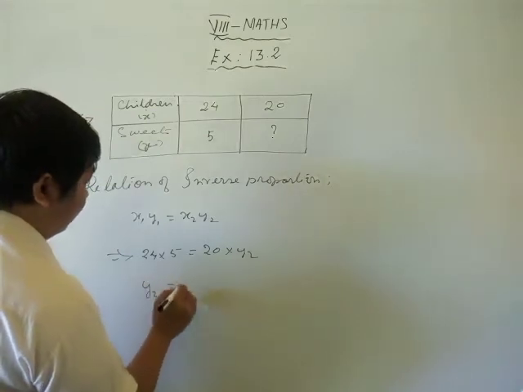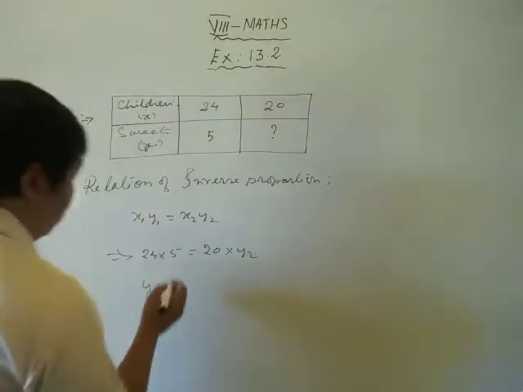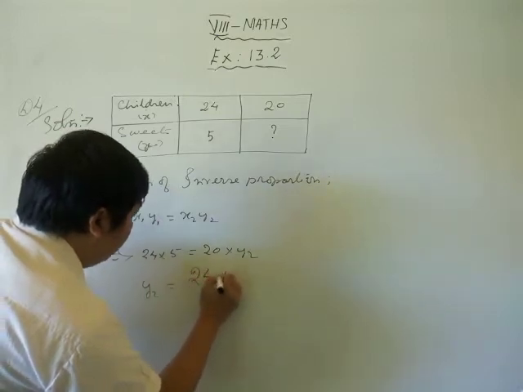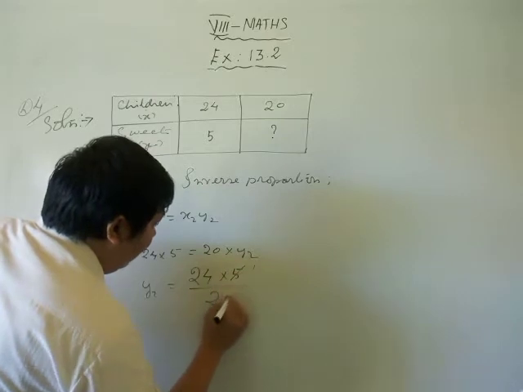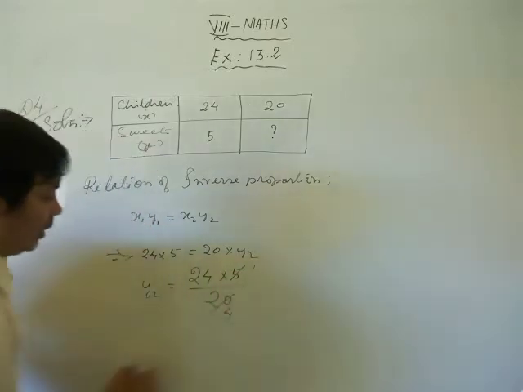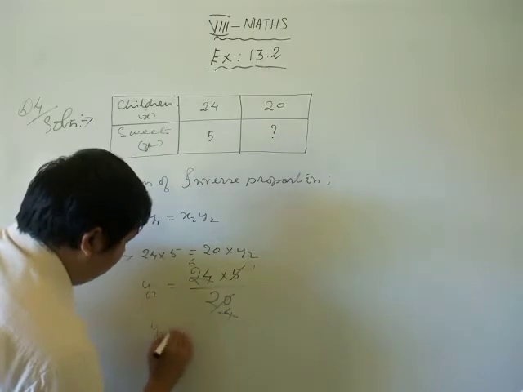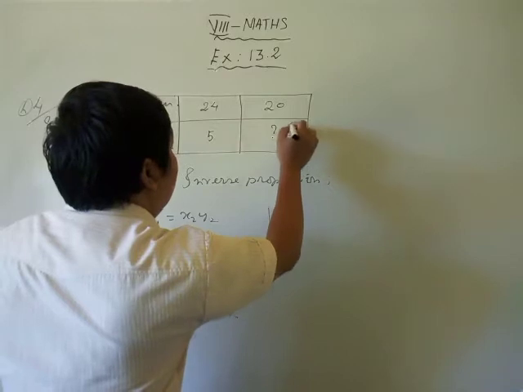y2 is equal to 24 into 5 divided by 20. 5 1s are 5, and 4 5s are 20. Then 4 6s are 24. We got y2 equal to 6, that means 6 sweets.